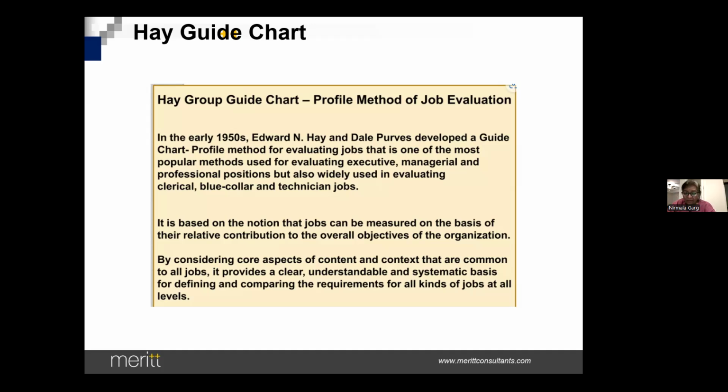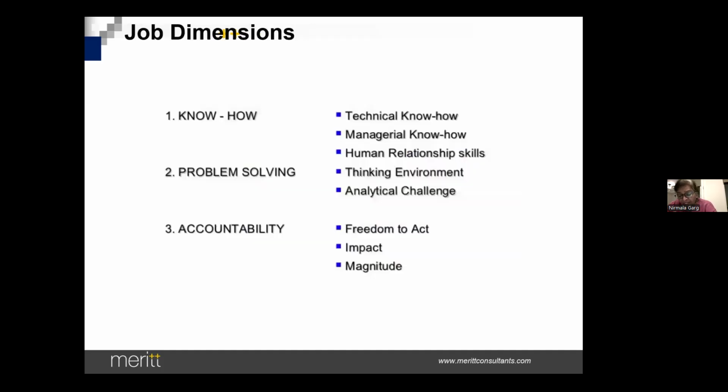Now, what does it have? Where does it differ? When we did a point plan, I said we have to determine and identify compensable factors, right? It could be education, it could be whichever makes a difference, in terms of intensity at a lower level and in terms of complexities at a higher level, effort, responsibility.